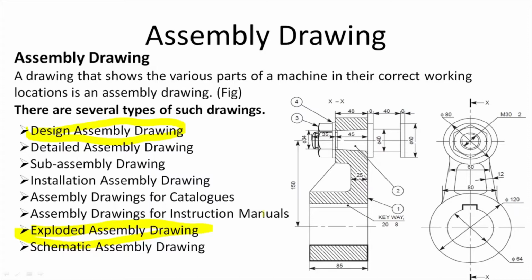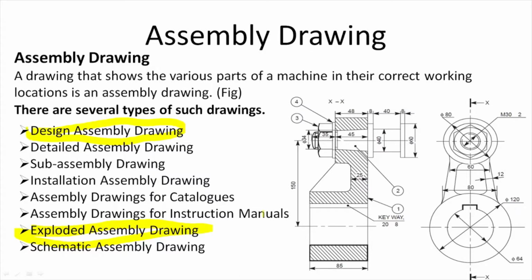The last one is schematic. A schematic is defined as a picture that shows something in a simple manner. Schematic means you can show just some block diagrams with some indication of reference numbers, so that you can connect them with easy understanding.